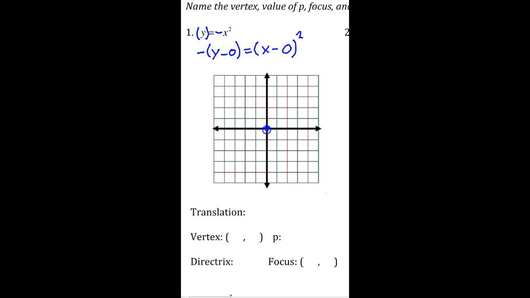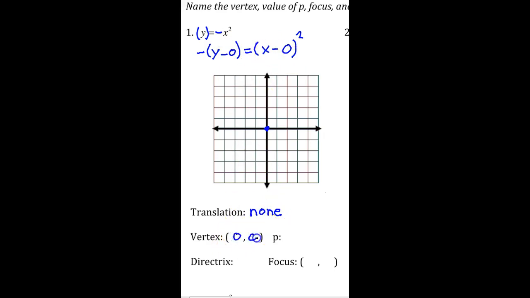There's no translation in either direction, up or down, or left or right. So translations, we're going to put none. Once these have numbers other than 0, we'll have translations up, down, left, and right. And our vertex is 0, 0.